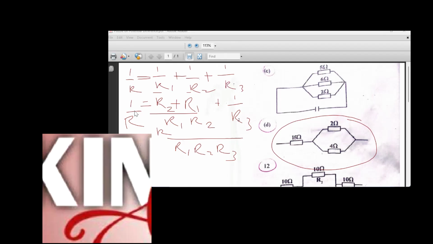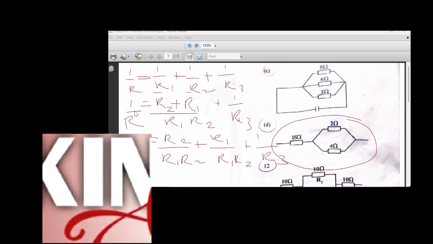No, let's take it one after the other to avoid confusion. I think at this point I can split this into 1 all over R equal to R2 all over R1, R2 plus R1 all over R1, R2 plus 1 all over R3. I think it's better this way, all right?